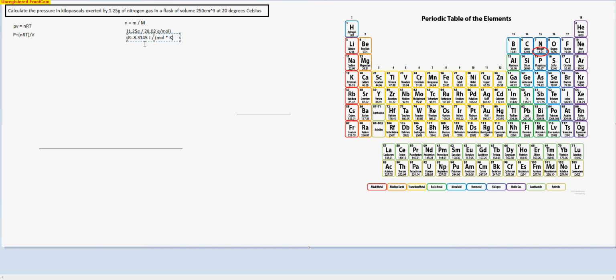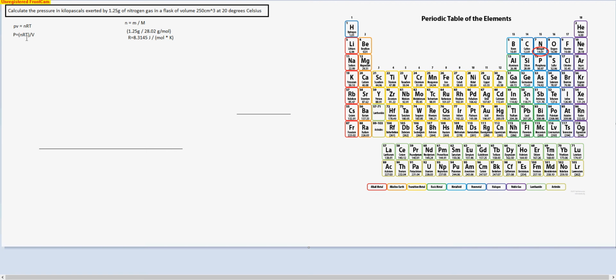Sometimes you'll see it like joules times mole to the -1 times Kelvin to the -1. When it says to the -1, it's just saying that it's in the denominator, or you could just put it in the denominator. So there we go for that.